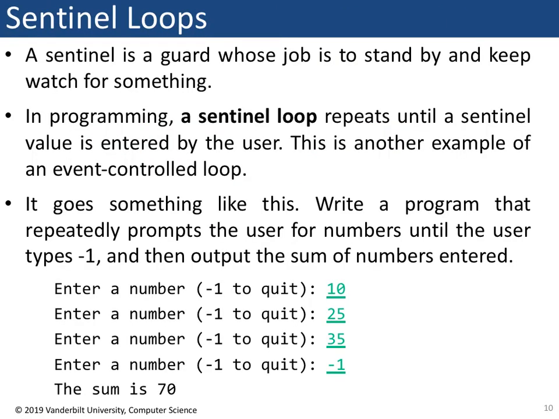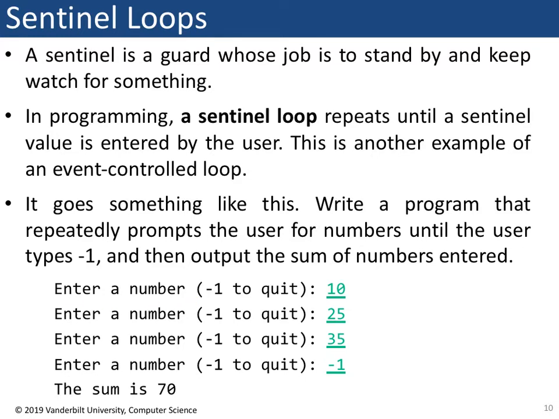This is a related but altogether different idea. A sentinel loop is a loop that's going to repeat until a user types in a specific value or enters a specific input. So this is an event-controlled loop that is going to continue to do what it does until the user enters a very specific value or presses a certain key. This is a common programming technique, and it usually looks something like this on screen.